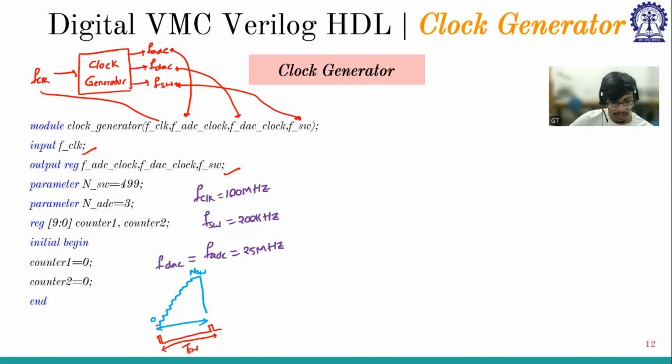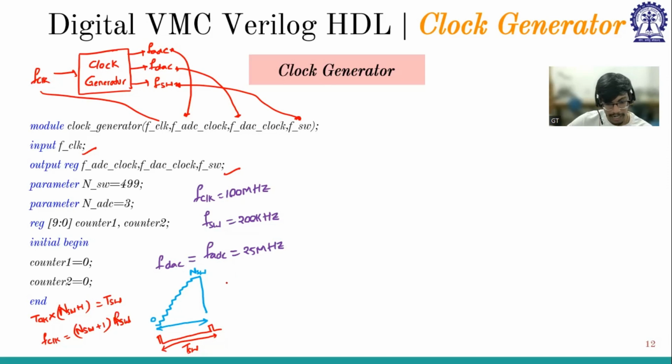So the logic is simple. Each step size is T clock, right? So T clock times the overall count, say NSW plus 1, because it is 0 to NSW, gives us the switching period. Now, if you write 1 by F clock and 1 by FSW, you will get F clock equal to NSW plus 1 times FSW.